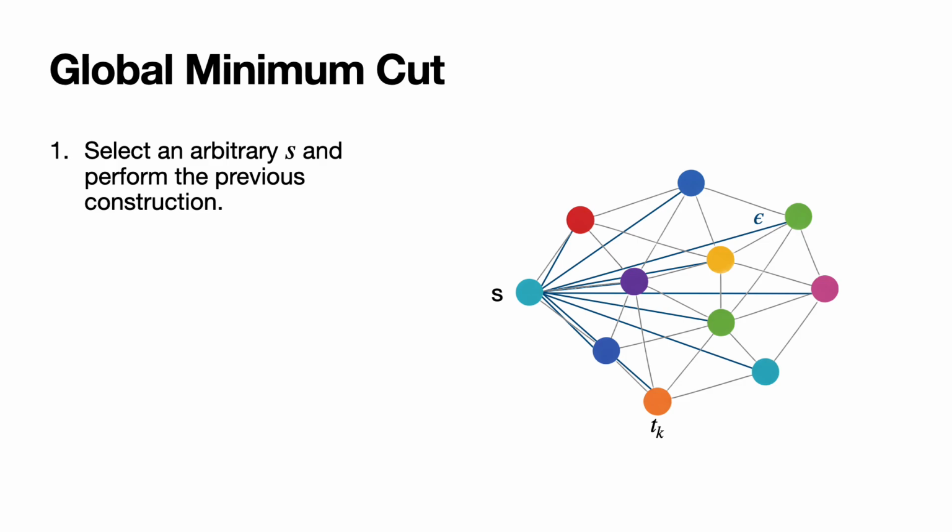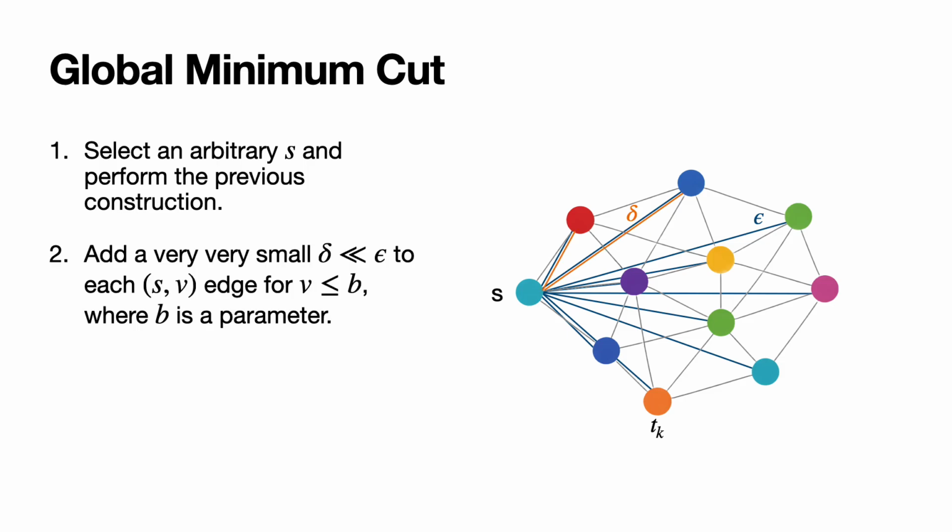So in the last step for ST minimum cut, what we did was add a very low weight star to the graph, right? So we're going to try to do the same thing, but instead of adding the entire star, we're going to add a partial star to the graph, okay? So we pick the first B edges of the star, and we only add those with an even smaller weight delta, okay?